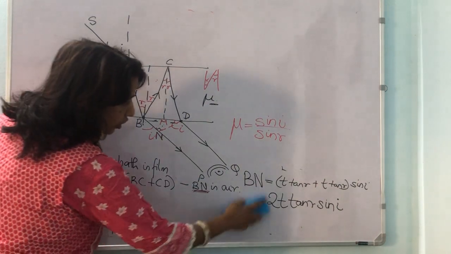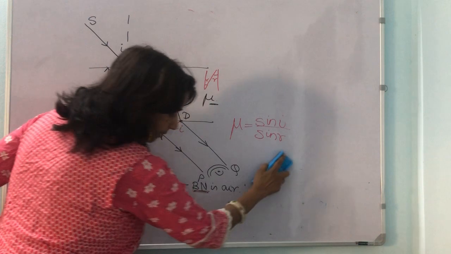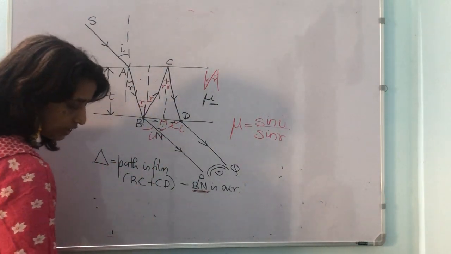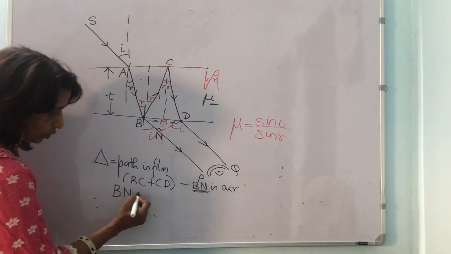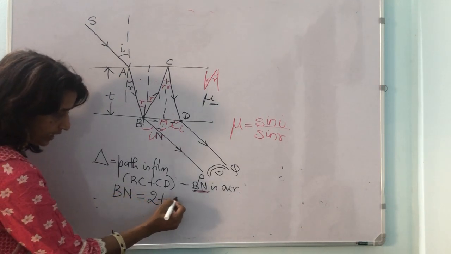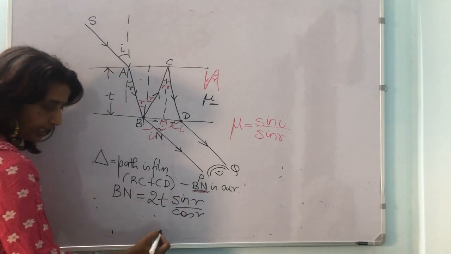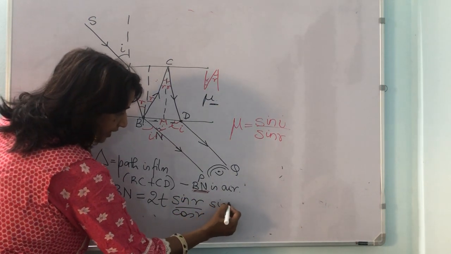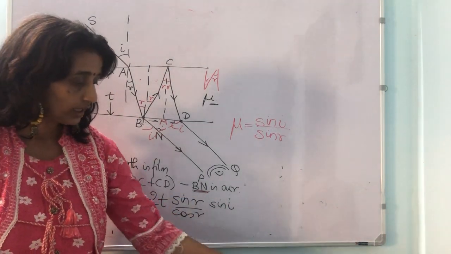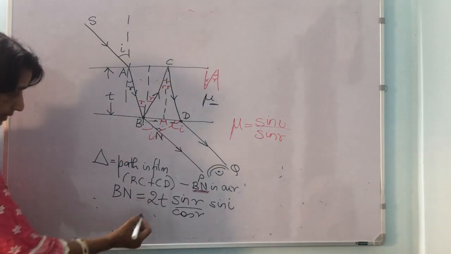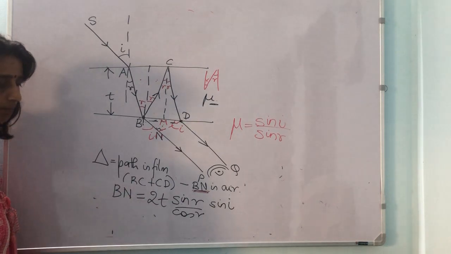Putting Snell's law here, BN is equal to 2t sin R upon cos R into sin I. Because BN is 2t tan R, instead of tan I have put sin upon cos.